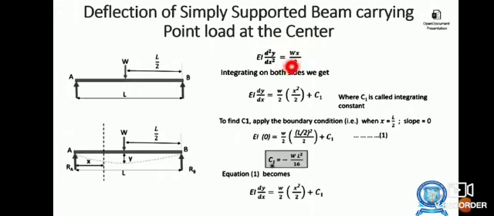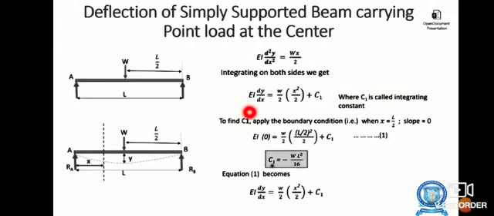Integrate on both sides. So EI dy by dx, integrating this term, the square will be cancelled. EI dy by dx is equal to W by 2 into x square divided by 2 plus C1, where C1 is called the integrating constant.